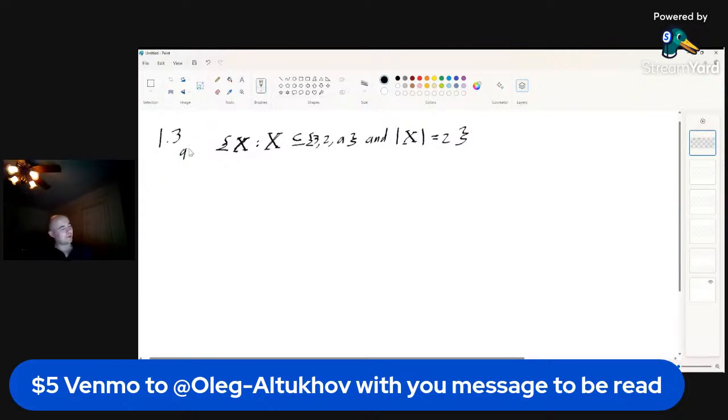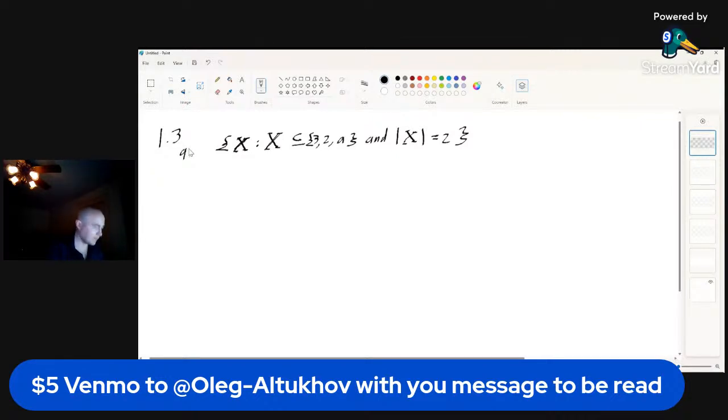So the curly braces, of course, are our set notation. The big X is the set. So we're saying the set of X such that X is, hang on, big C. I have to look that part up real quick. Oh, okay. The subset.